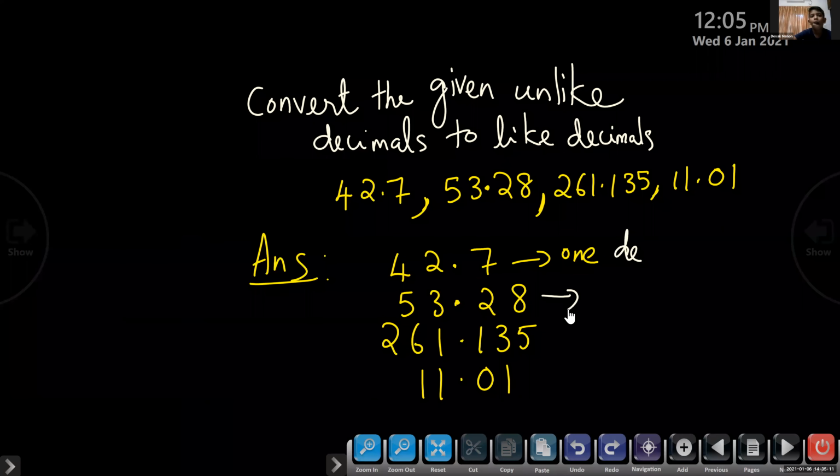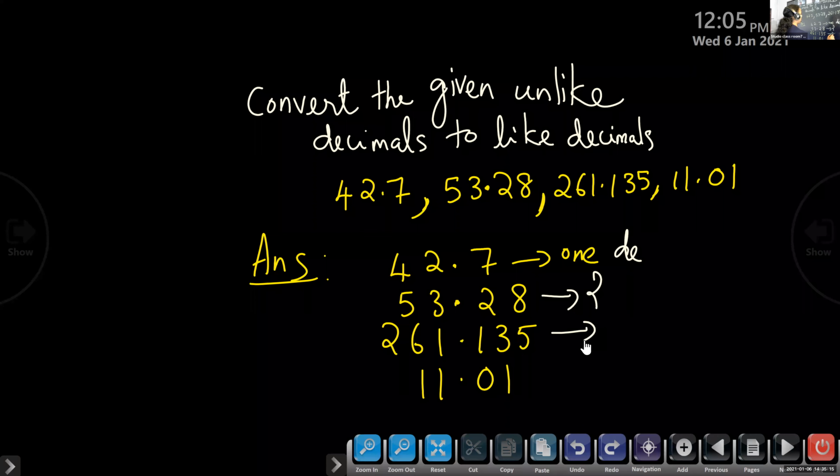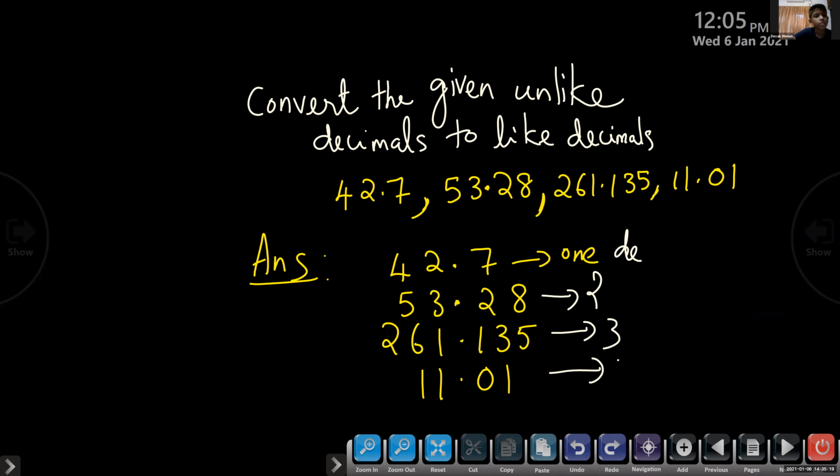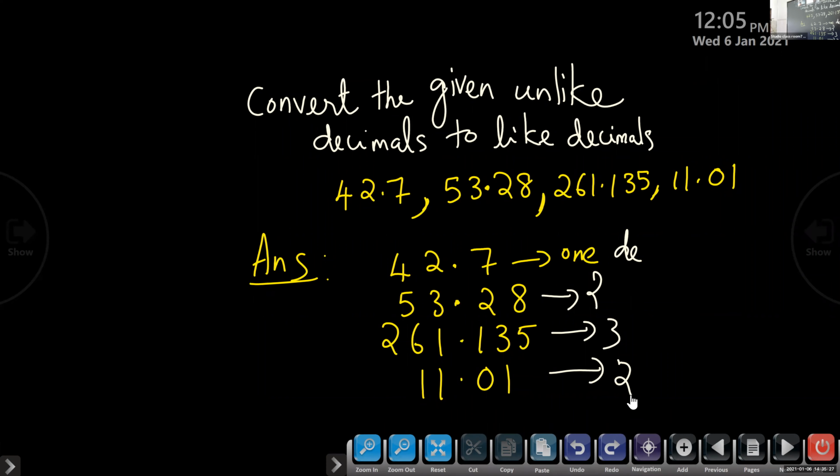And what about here? 2. Here? 3. Here? 2. Tell me, what is the first step? Identify the decimal number with the maximum number of decimal places.